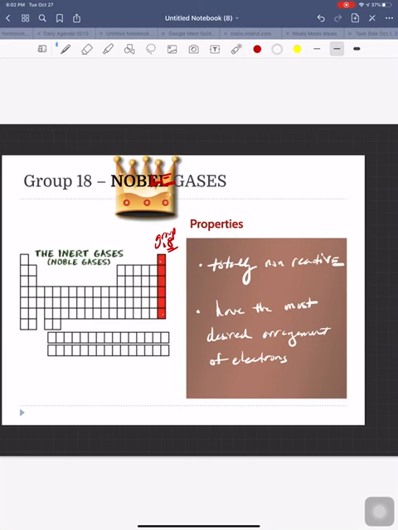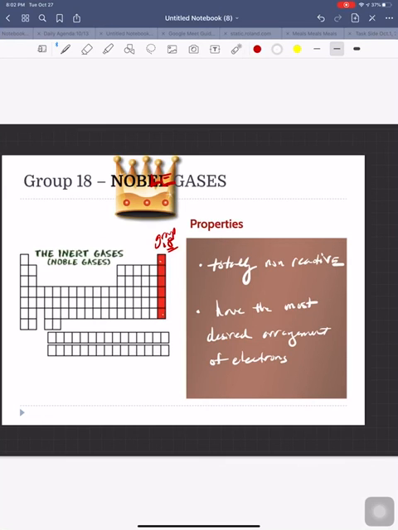So they have whatever secret we're keeping from you, the way electrons are arranged are optimal and perfect in noble gases for total, when it comes to reactivity, happiness.